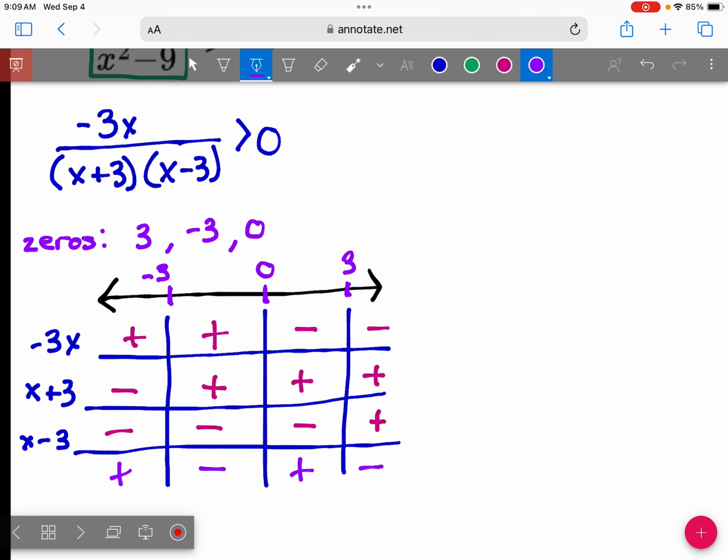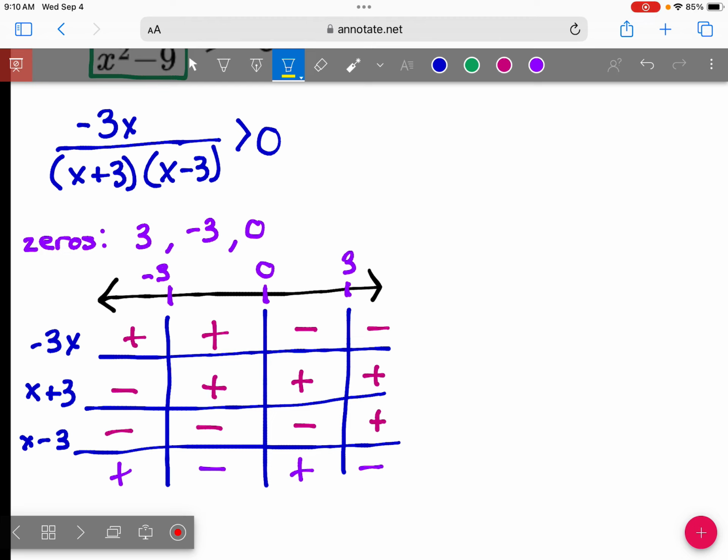So, looking back at our question here, are we looking for positives or are we looking for negatives? We want to know when this piece is greater than 0. So we want this thing to be positive. Do we want it to be equal to or just positive? Just positive. So when we're writing our intervals, are we ever going to use a bracket?